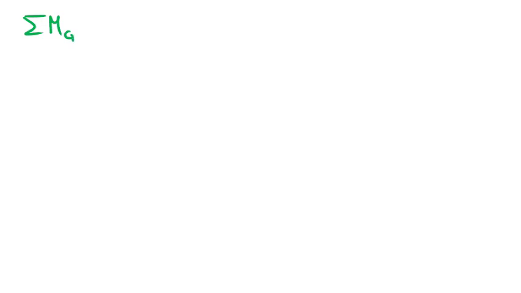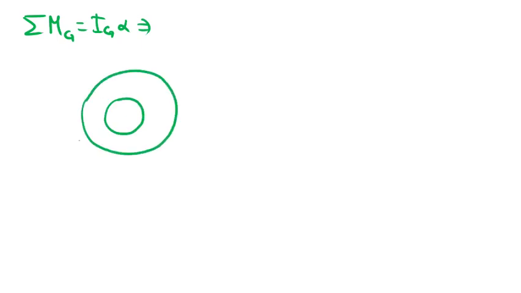The sum of moments about G is equal to I_G into alpha. So let's come back to our problem again. We take the moments about point G. So we have this force F with an arm, and then we have the frictional force with an arm.